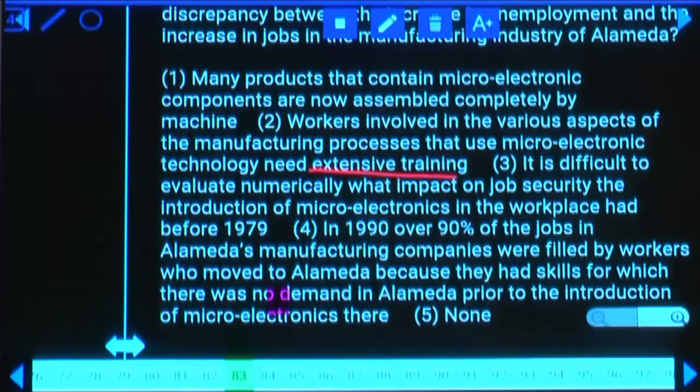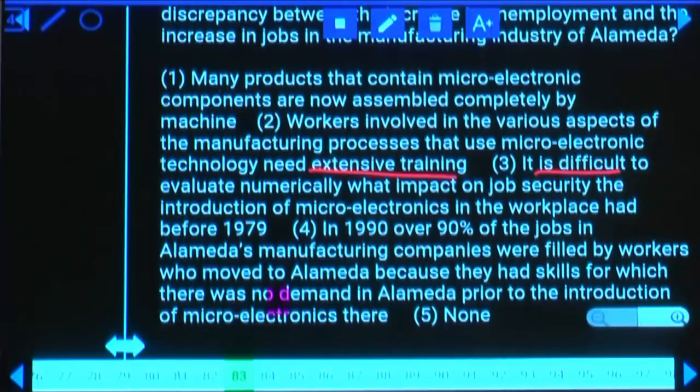Yes, they do need extensive training, but whether that training is being provided by the company or not is not clearly known, isn't it? Here it is not talking about that. Third: it is difficult to evaluate numerically what impact the introduction of microelectronics has on job security. The above statement has clearly stated the number of job losses and jobs, but here he is talking about difficulty; it is nowhere related to the above statement.